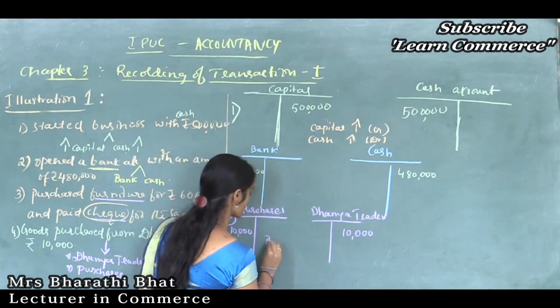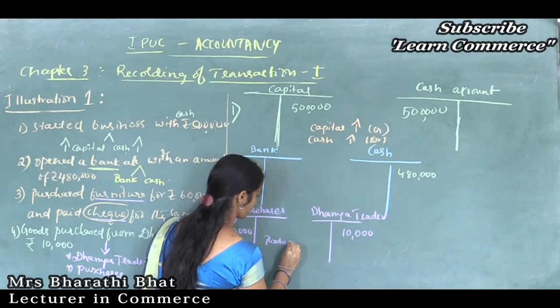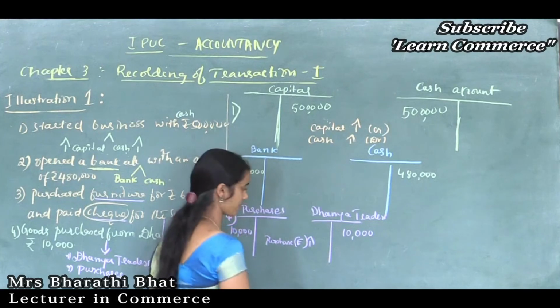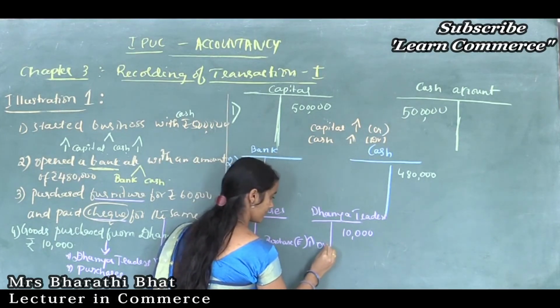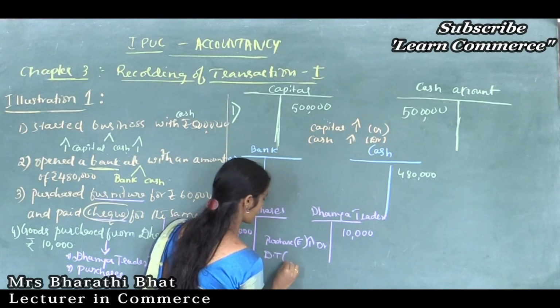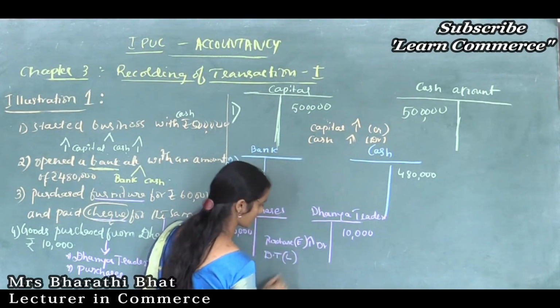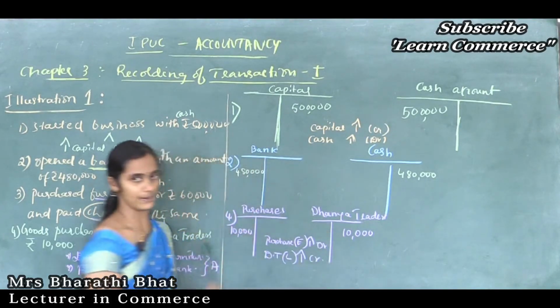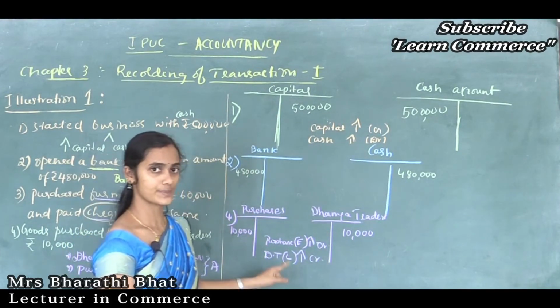So purchase is considered as expense, so increases in expenses is to be debited. Next, Dhanya traders is considered as liability because she is a creditor, so increase in liability is to be credited. It's clear, right?